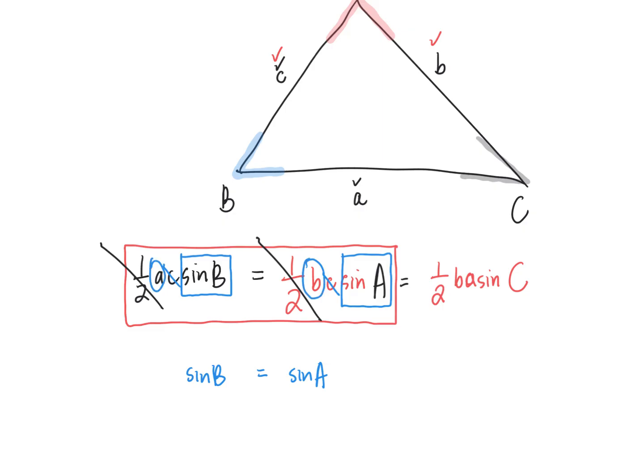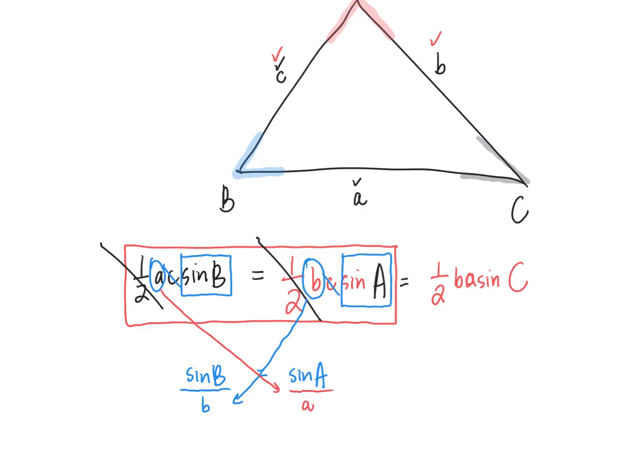When I bring this over to the other side, it becomes what? Not negative. When you bring a multiply over, it becomes divide. So if I bring this B down, it becomes divide by B. If I bring this A down, it becomes divide by A.